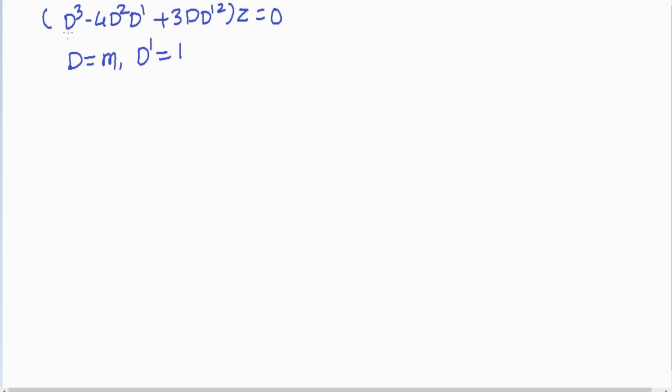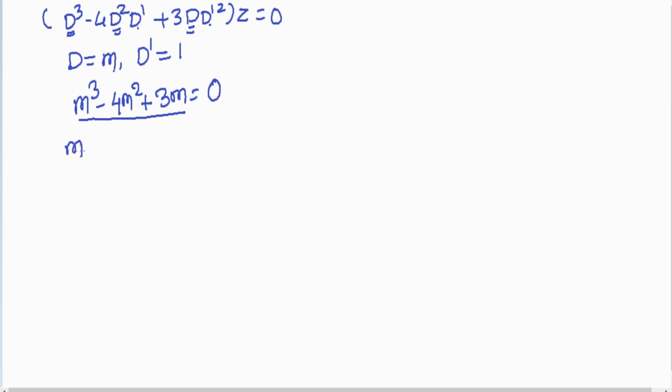Here you can see that this is D cubed, so instead of D we write m cubed, minus 4 D squared, so it will be m squared, D dash equal to 1, no need to worry about this, plus 3 into D, here m, D dash 1, equal to 0. This is the auxiliary equation of this partial differential equation.